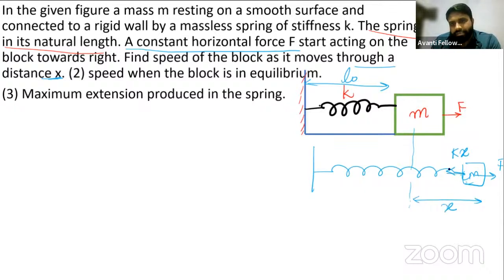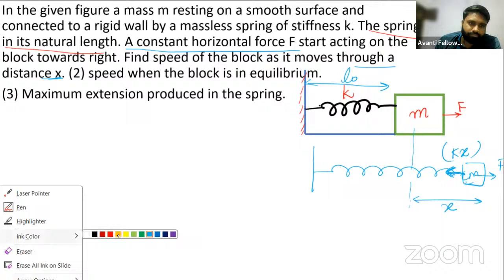So there is an equal and opposite reaction generated by this spring, kx, which is applied on the block. Okay. So the spring wants to get its natural length. So it just pulls back. It just wants to pull back itself. So that is why it is applying a force kx over it. Okay.